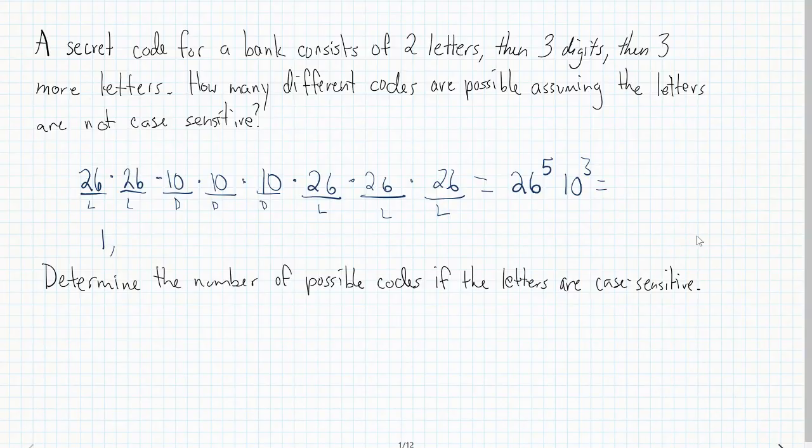What you can do is do 26 to the 5th, which is 11,881,376. And now if we tack on the 10 cubed, that's going to just toss 3 more zeros at the end. And so this is the number of codes for our final answer.